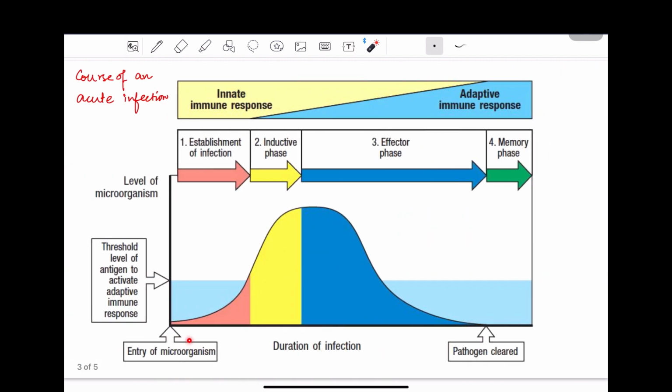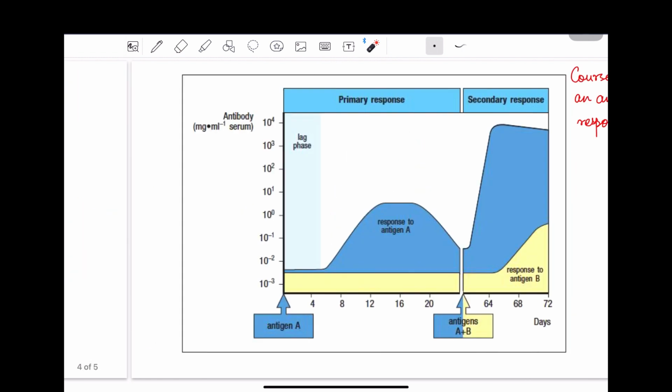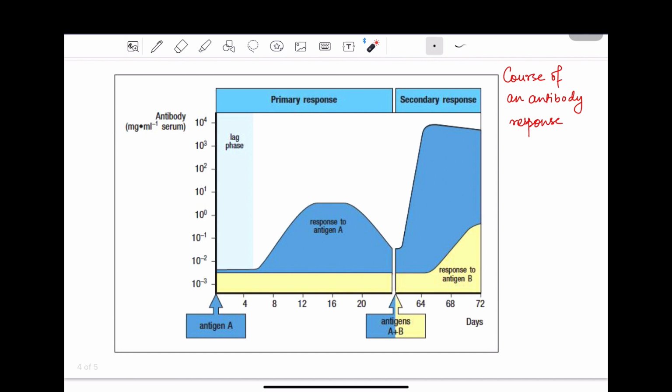As we have seen here also, there is a certain threshold level of antigen which is required to induce the adaptive immune response. So initially there is a lag phase, which lasts for a few days.